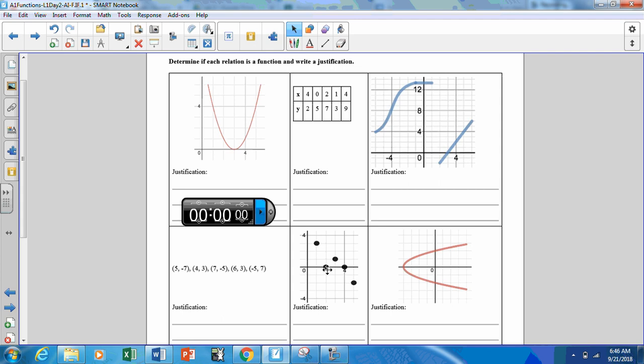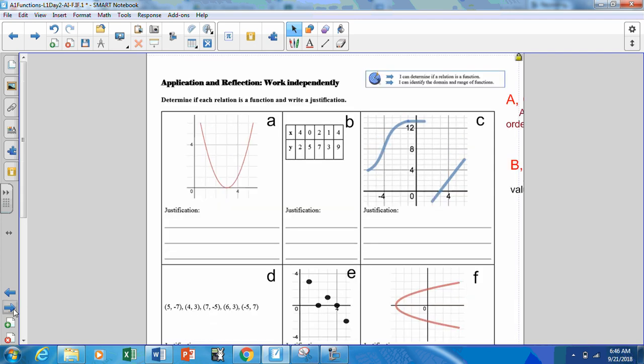So let's take a look at the solutions here. The one thing that I hope you have noticed is that every time we have a graph, we use this really cool test called the vertical line test.